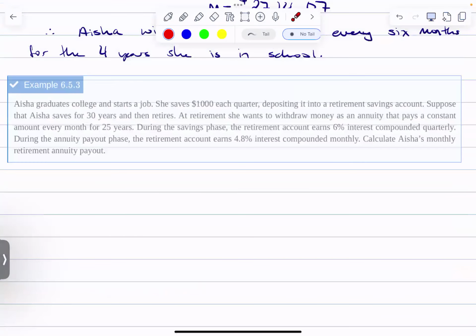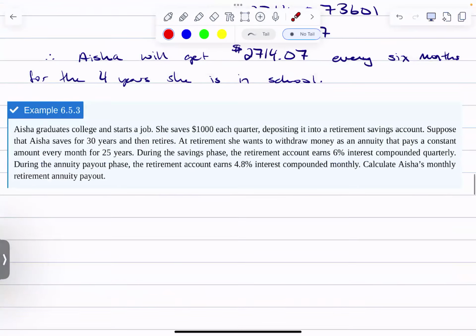How about a similar problem, just slightly different? So Aisha graduates college and starts a job. She saves $1,000 each quarter, depositing it into a retirement savings account.